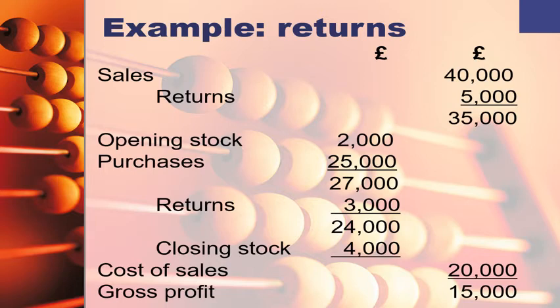Then we also have these returns, which are purchases returns of 3,000, remain with 24,000 minus the closing stock of 4,000, and you come to your cost of sales, which is 20,000. So I get 35,000 minus 20,000, then we get our gross profit of 15,000.